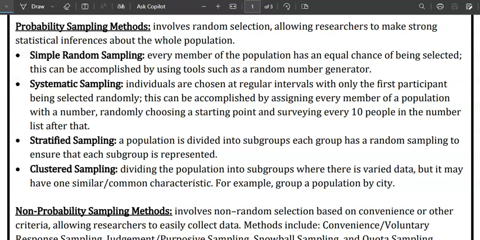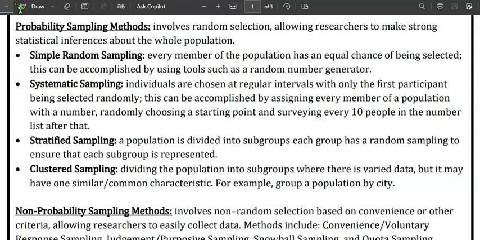Systematic sampling: individuals are chosen at regular intervals, with only the first participant being selected randomly. This can be accomplished by assigning every member of a population a number, randomly choosing a starting point, and selecting every 10th person in the number list after that.